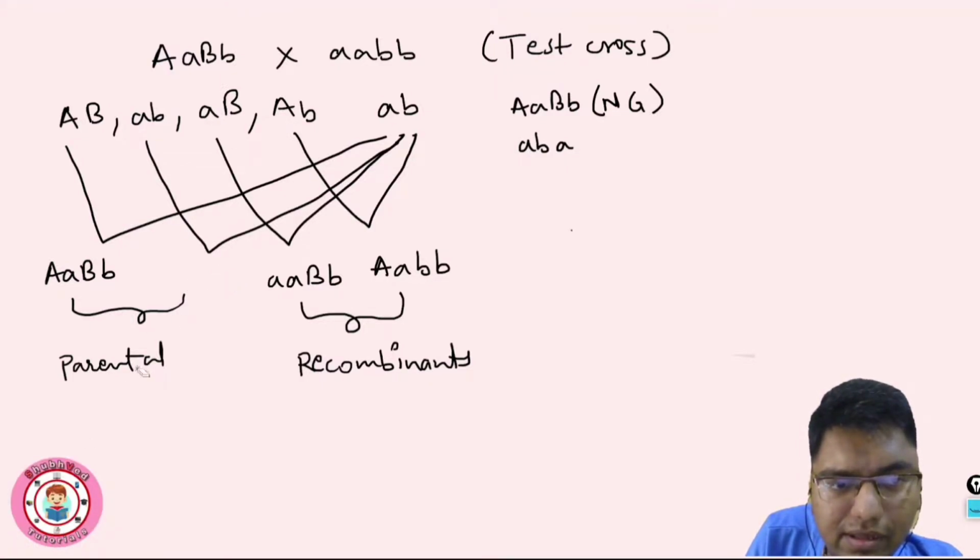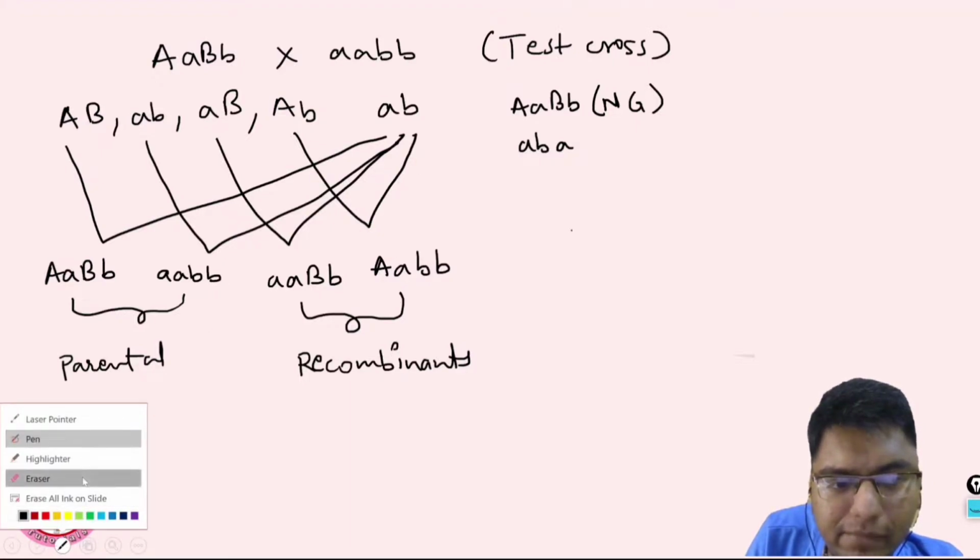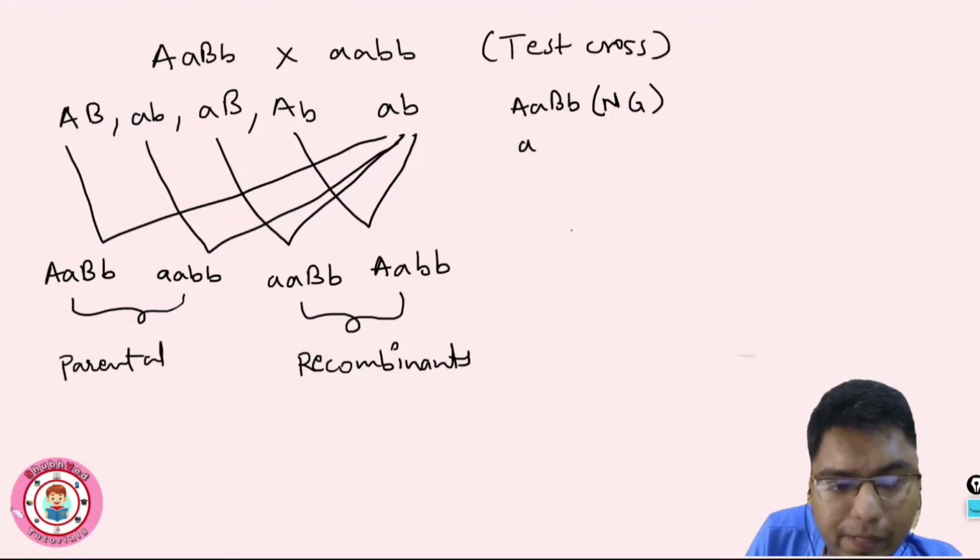And there is one mistake. Not like this. Here will come A A B B. Right? Likewise here also A A B B. These are narrow yellow. Okay.